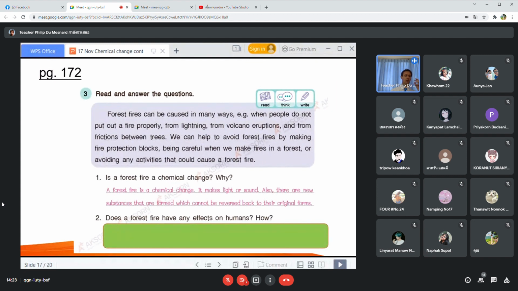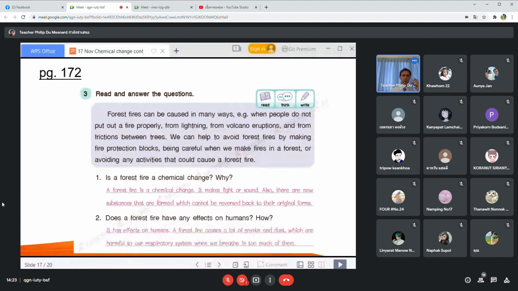How does it feel when you inhale smoke? Do you like it? No. That's right. So the forest fire is actually not good for us, because it makes smoke. That is harmful or bad for your lungs. So a forest fire is not healthy.